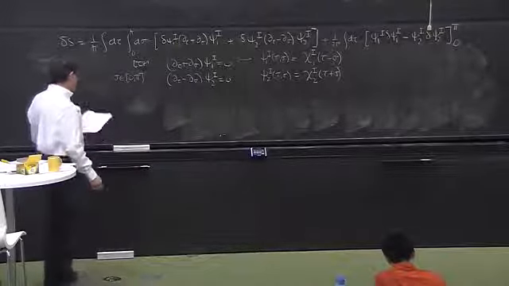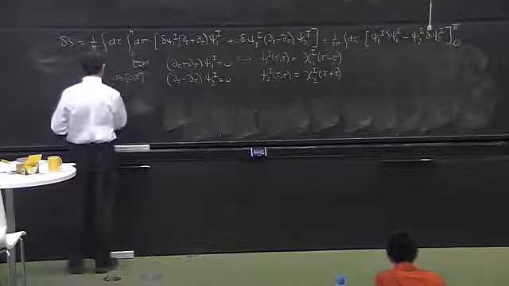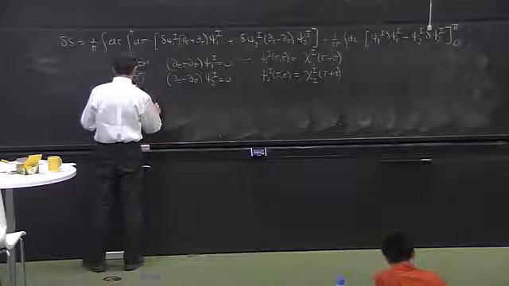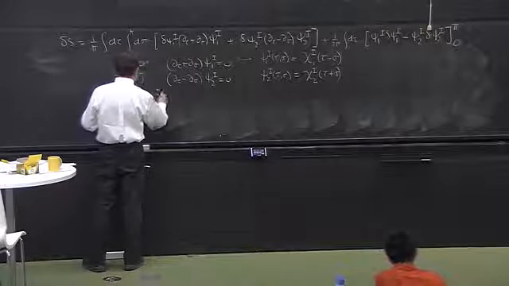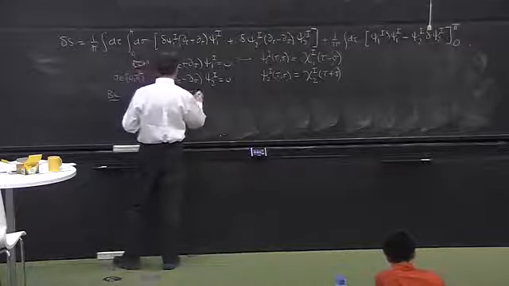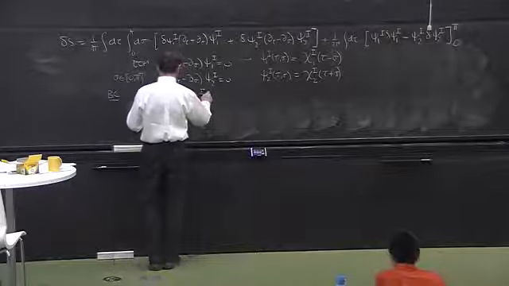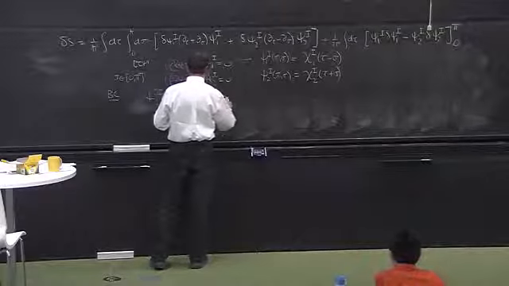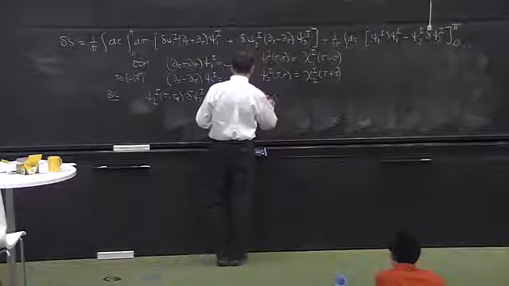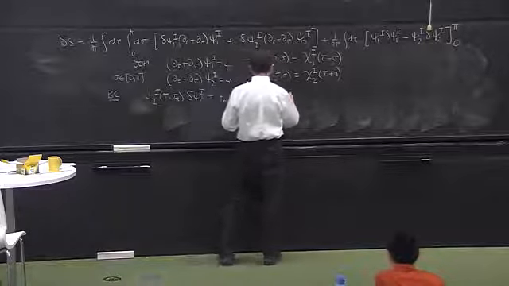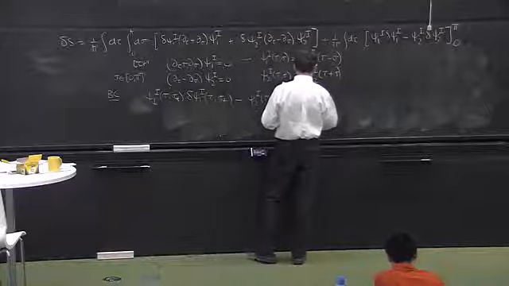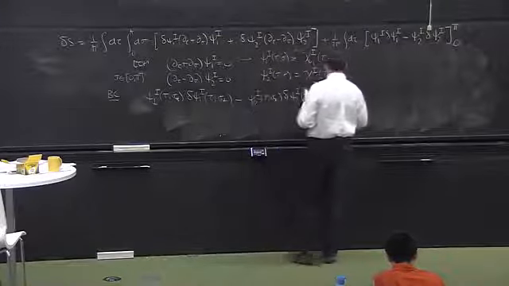How about boundary conditions? This is where it gets strange. ψ₁^I δψ₁^I at σ star minus ψ₂^I δψ₂^I at σ star must be 0.